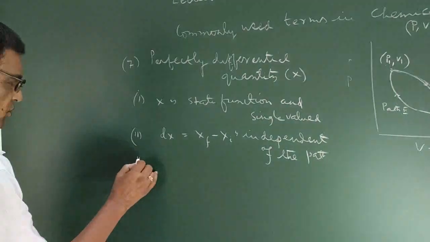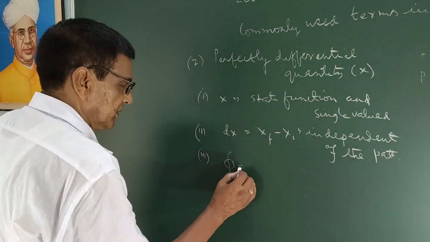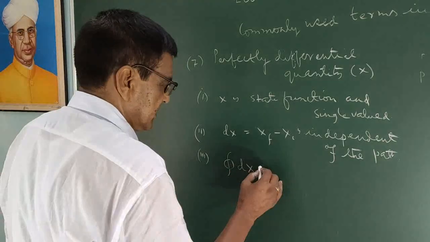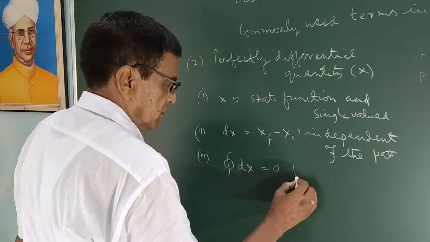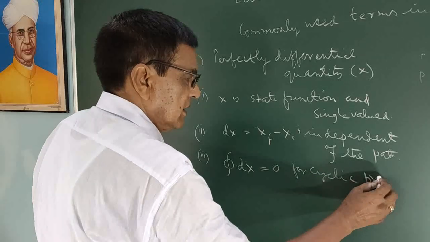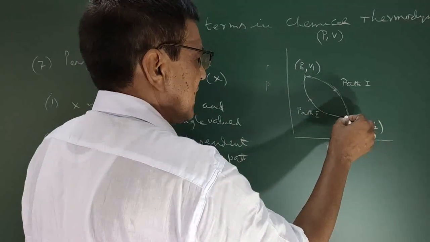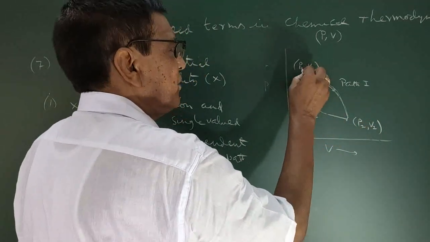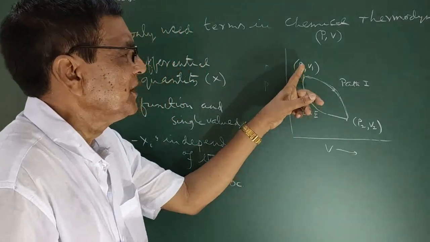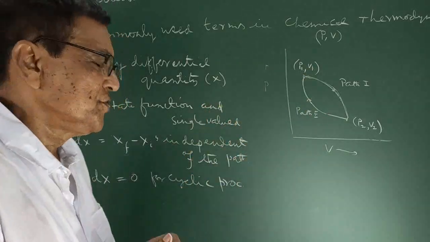And this third one, the cyclic integral, means the change of x for a cyclic process equals 0. If the system comes from this to this and back here, then P1 V1 will have the same initial value and the change of pressure, change of volume will be 0.